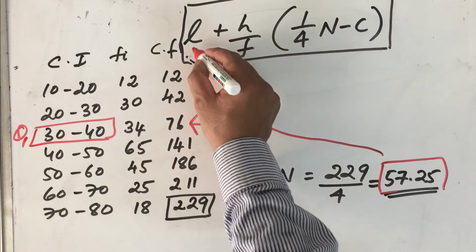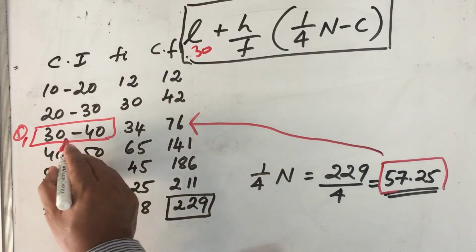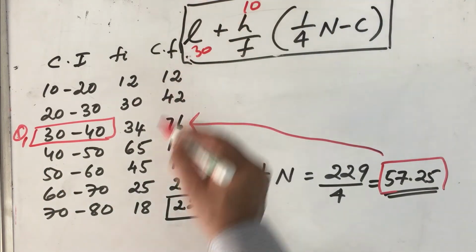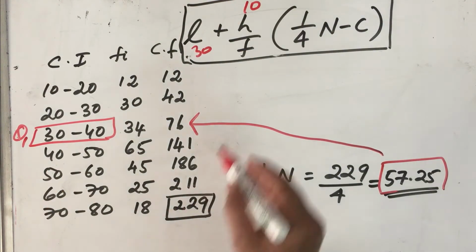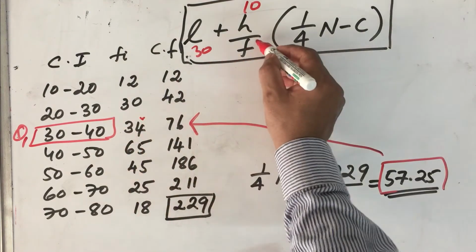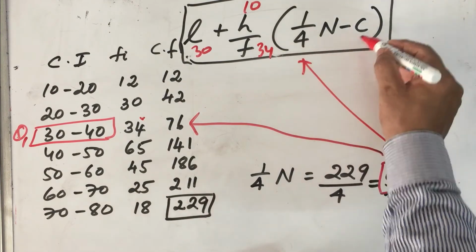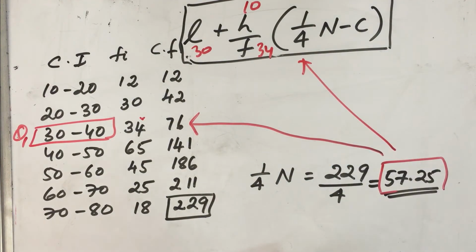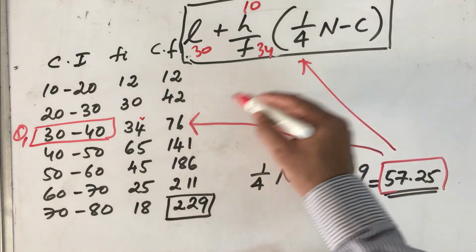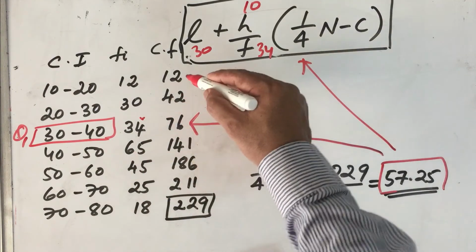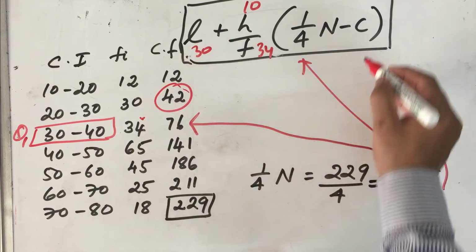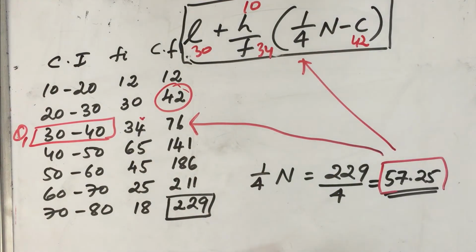Now L is equal to 30, H is 10, F, the frequency of that class, is 34, 1/4 N we have here, and C is the cumulative frequency of the preceding class, that is 42.